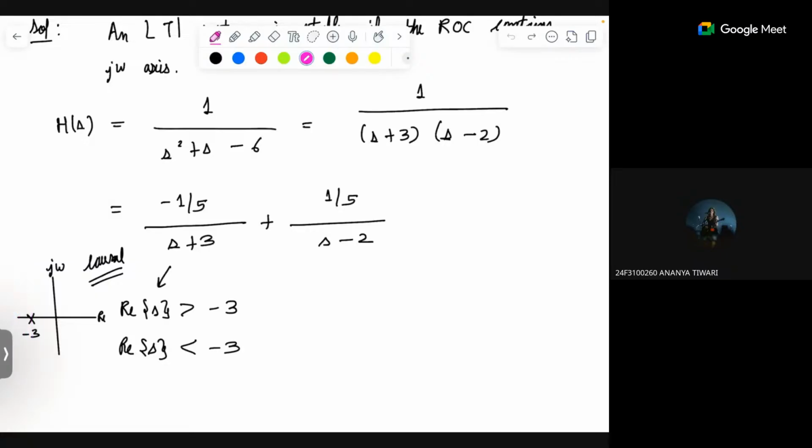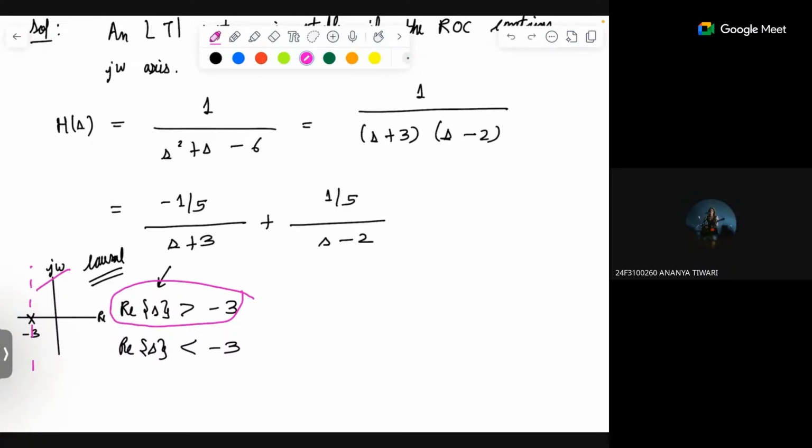My pole is at s is equal to minus 3. If my system is considered to be causal, I will have this ROC, real of s greater than minus 3. Right-sided signal ROC has to be right-sided. So if we have the first one causal, then this will become my ROC.